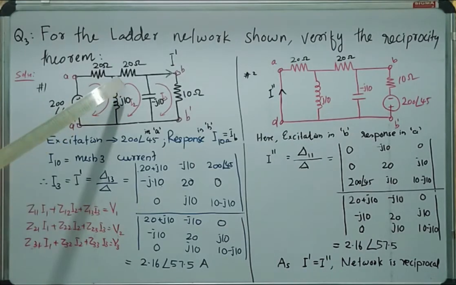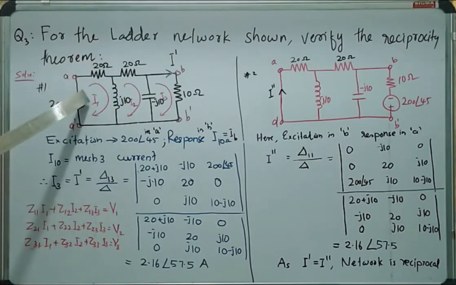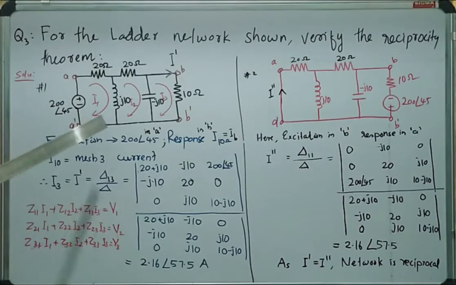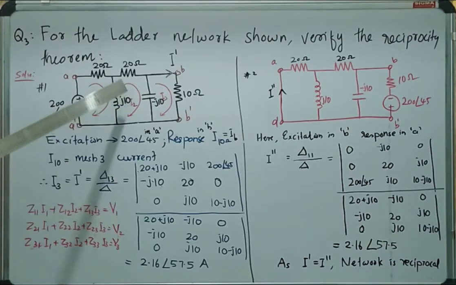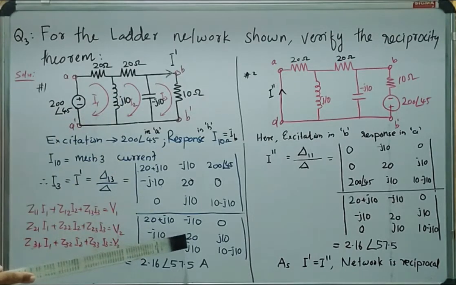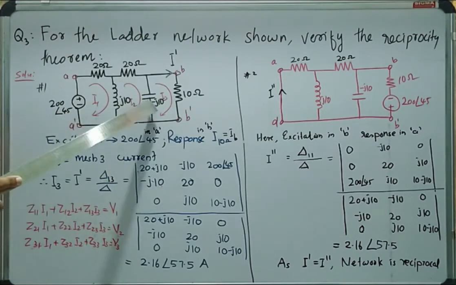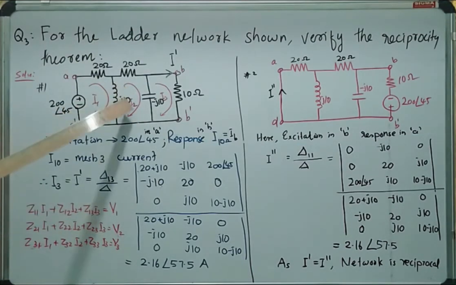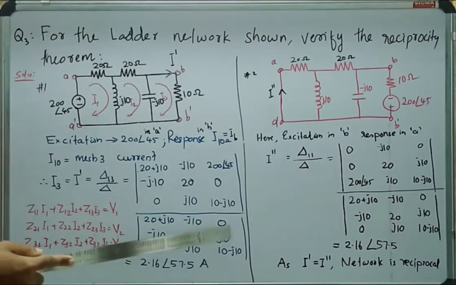Then what is the impedance common between mesh 2 and mesh 1? When we are considering mesh 2, we take I2 as positive. Therefore I1 is opposite to I2, so the sign of the impedance common to mesh 2 and mesh 1, that is Z21, becomes minus J10. Then the total impedance we got is 20, and the impedance common between mesh 2 and mesh 3 is minus J10. When we are considering mesh 2, I2 is positive and I3 is opposite, so minus of minus J10 becomes J10.